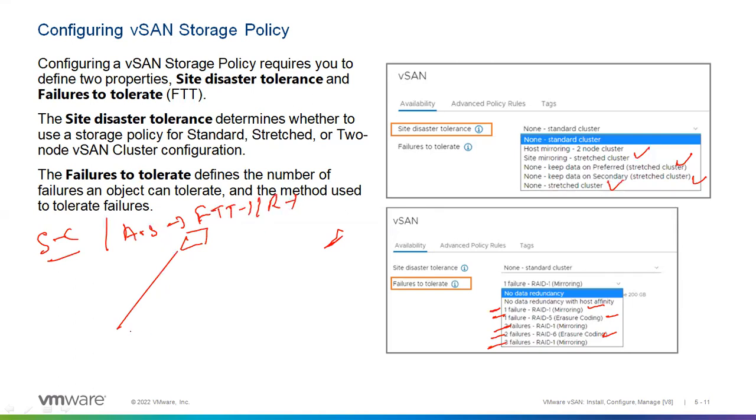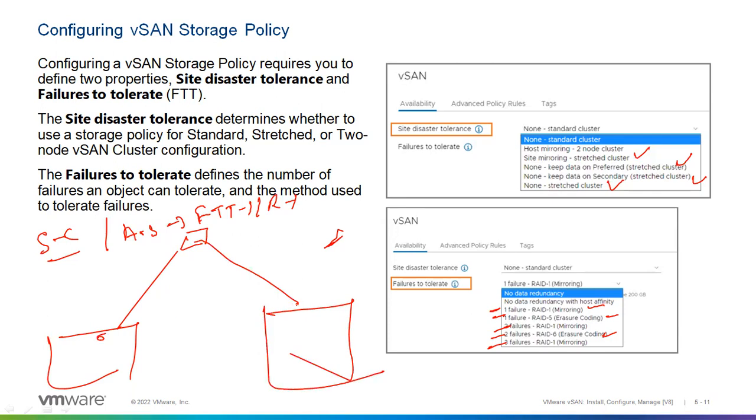It means whatever data I write, it should have a redundant copy. I do agree. But now you are saying, sir, locally I don't want to keep FTT1, RAID 1. I want to keep FTT1, RAID 5. That is also possible together.